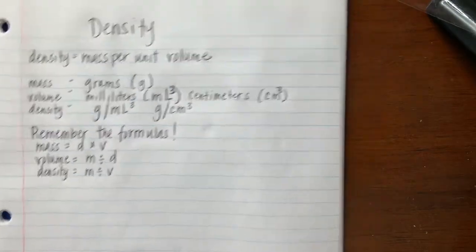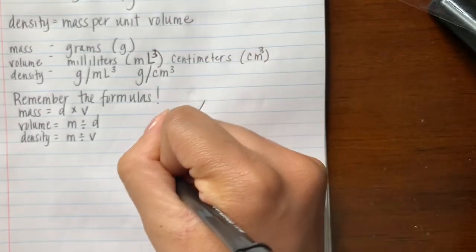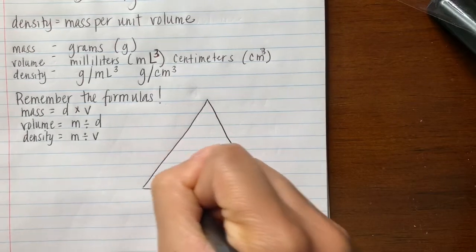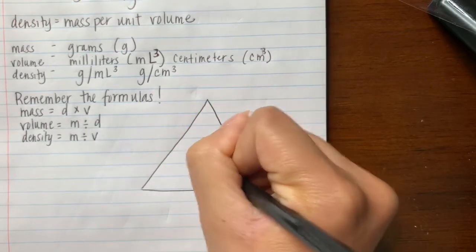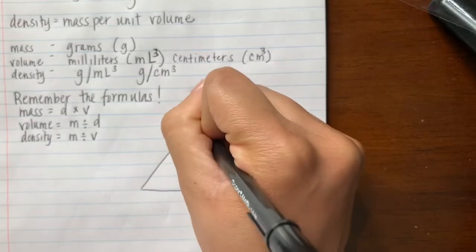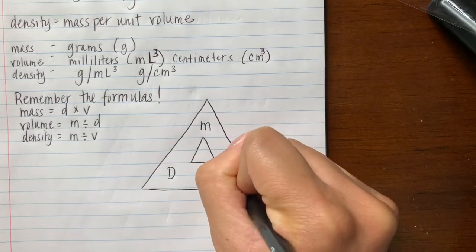An easy way to remember this. We're going to draw a triangle, and another triangle on the inside. And we're going to write out our units. We have mass, we have density, and we have volume.